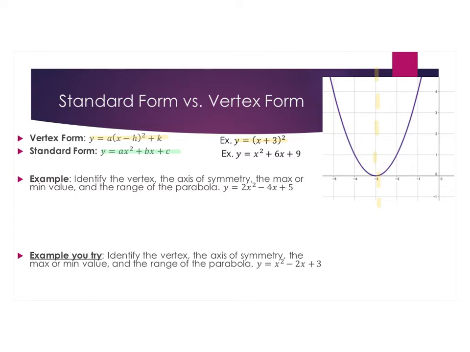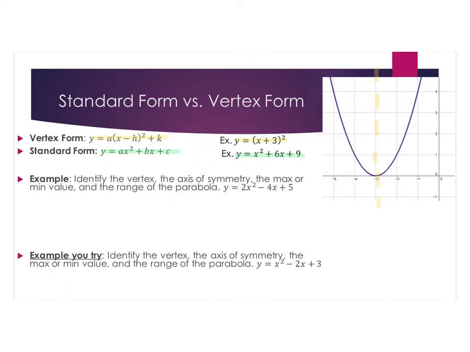If we look at y equals x squared plus 6x plus 9, isn't that the same thing as y equals (x plus 3) squared? Yes, right? Factors of 9 that add to give you 6 are positive 3 and positive 3. So it does factor to y equals (x plus 3) times (x plus 3), or y equals (x plus 3) quantity squared. So both of those equations graph the same parabola.